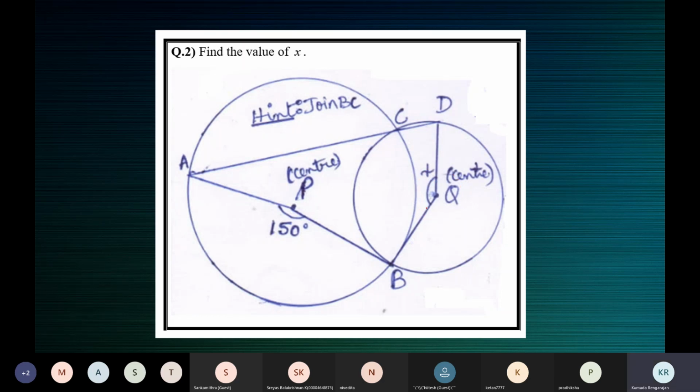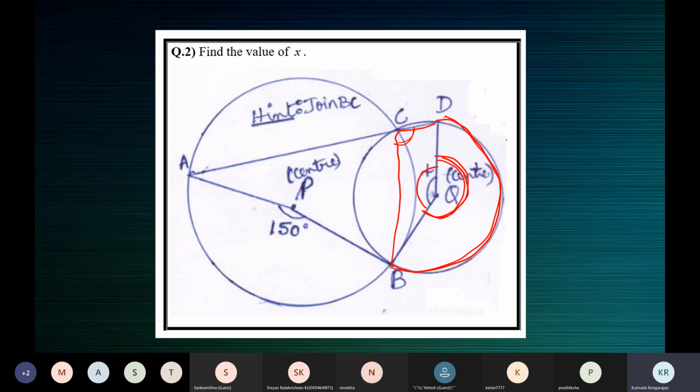So this is angle BQD. This is reflex of angle BQD. Reflex of angle BQD is made by this arc. This arc subtends this angle at the center. The same arc subtends this angle on the remaining part of the circle.